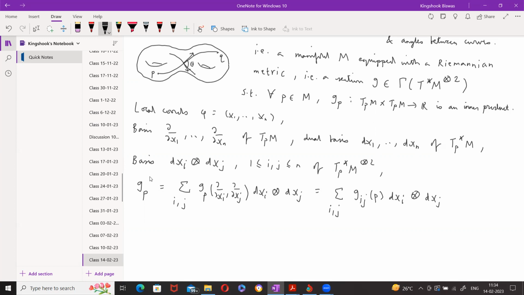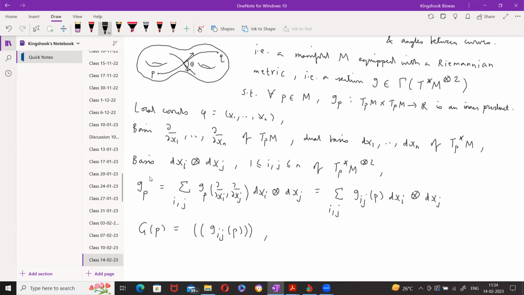So let's write capital G of p as this matrix g_ij of p.